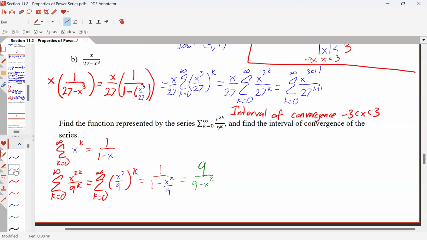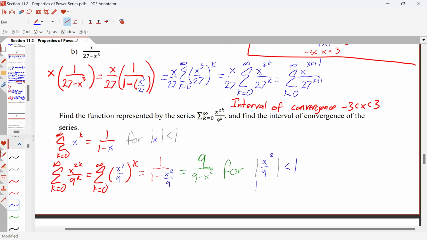What is the interval of convergence? Well, this works for the absolute value of x being less than 1. So this works, using that same trick, for x squared over 9 less than 1.